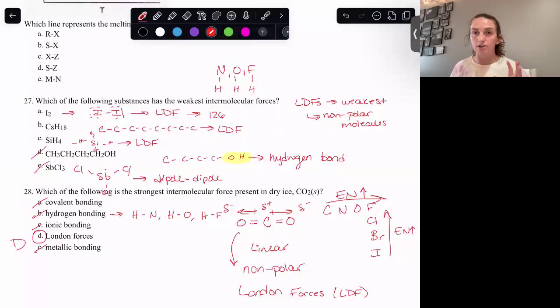However, as you go down to bromine, because of the London dispersion forces, bromine's actually a liquid at room temperature, and then iodine has such strong intermolecular forces, it's a solid at room temperature. So we can see that even though London dispersion forces are the only thing contributing to iodine's ability to hold itself together between molecules, they're strong enough to make it a solid, right? So that's going to be pretty strong London dispersion forces.